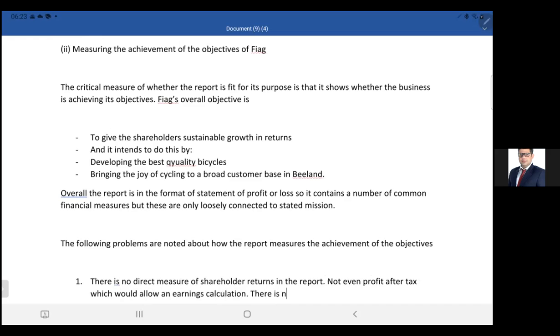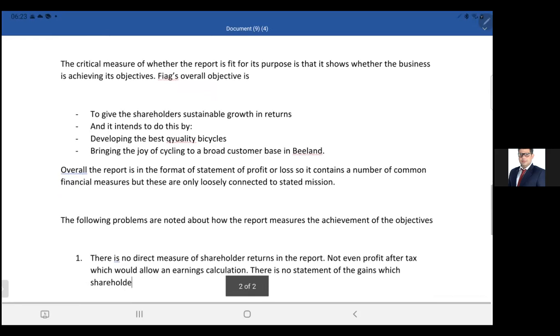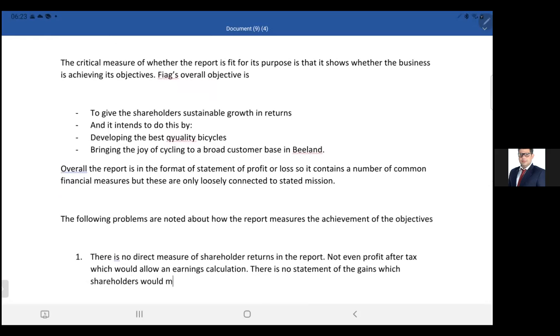There is no statement of the gains which shareholders would make in income, or you can say dividends paid, or capital items.